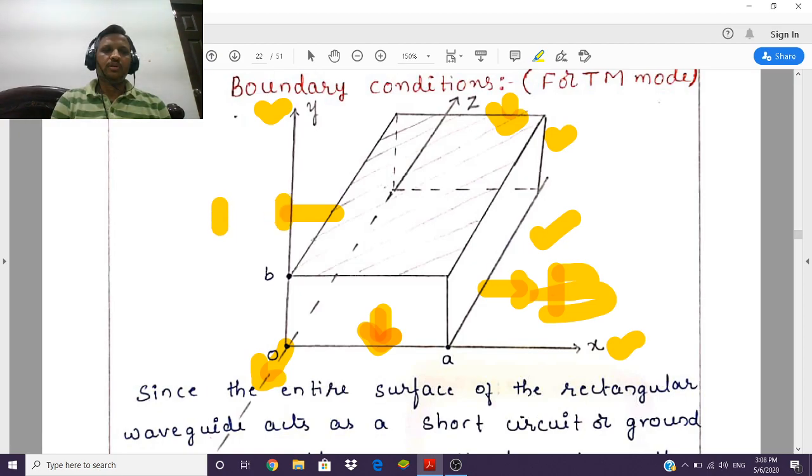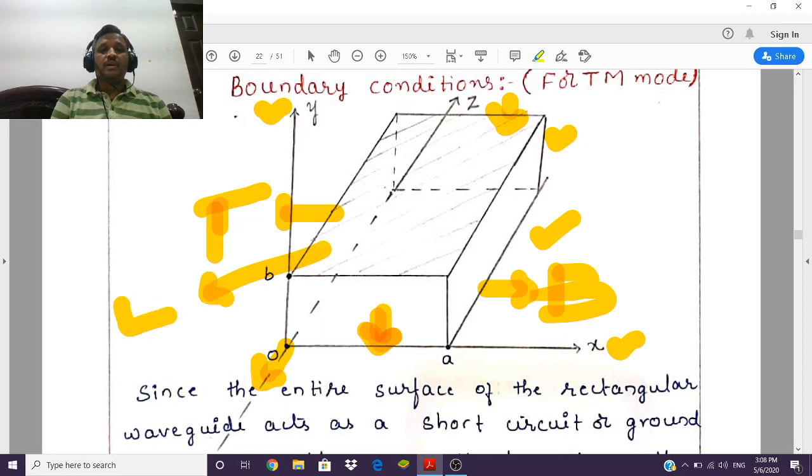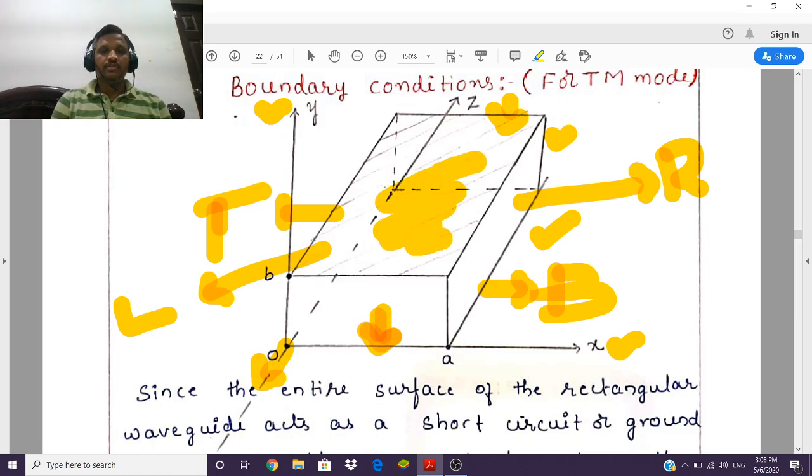This one we call the left side wall, and this side the right side wall. It is like a matchbox, where this is top and this is bottom, and this is left side and this is right side.